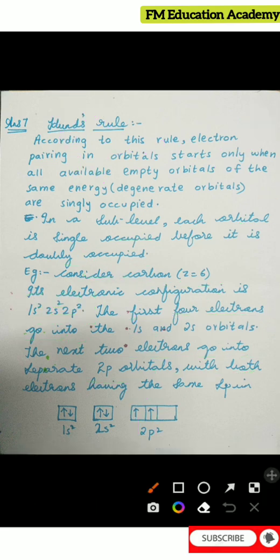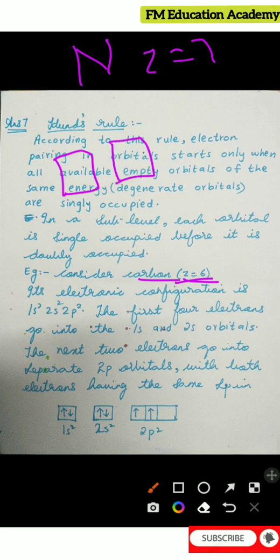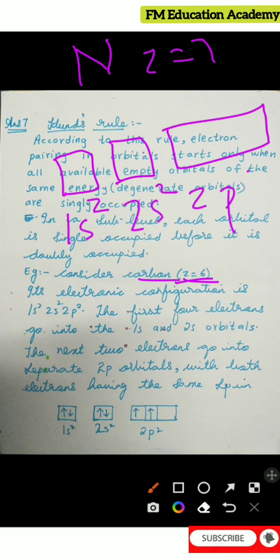I'll give you one more example and explain. That was for carbon, atomic number 6. Take nitrogen, atomic number 7. Write the electron pairing according to Hund's rule. The electronic configuration of nitrogen will be 1s2, 2s2, 2p3. Why? Because 2 plus 2 is 4, 4 plus 3 is 7.